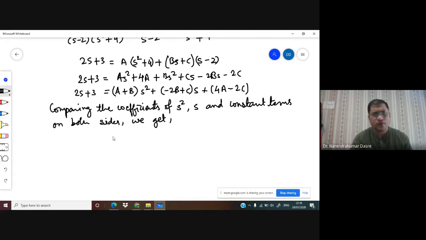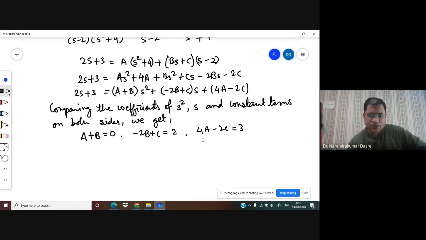We get, so what we'll get is a plus b. There is no s square on the left hand side, so a plus b has to be 0. And then this is minus 2b plus c. The coefficient of s is 2 here. And this 4a minus 2c is equal to 3. So we can have these three equations.